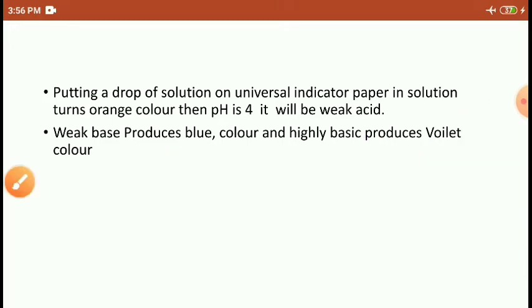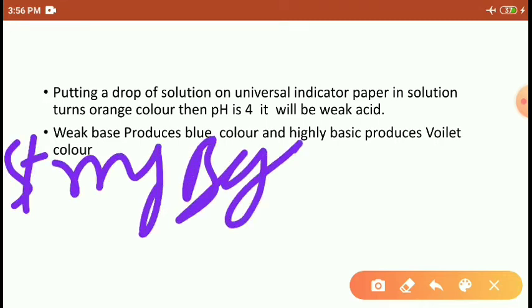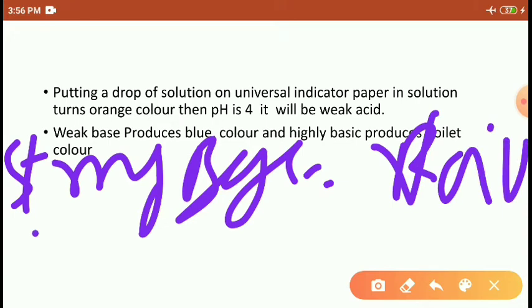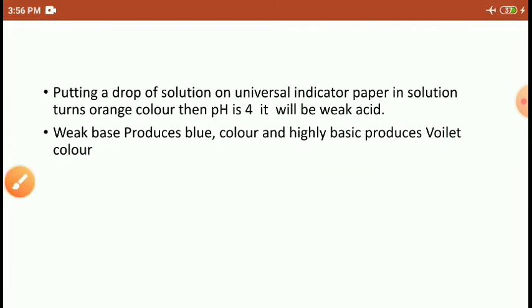Similarly, a strong base gives violet color, and a weak base gives blue color. Right, students?